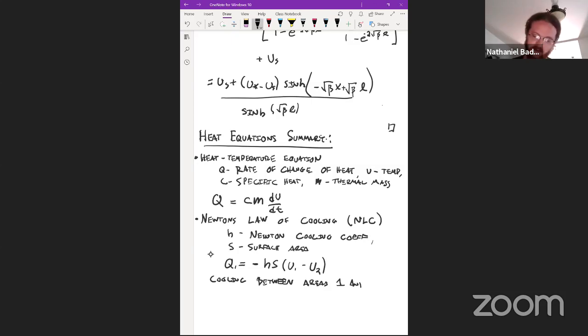Sorry, I should say cooling here, let me be a little bit more precise. Cooling between a solid and a gas.